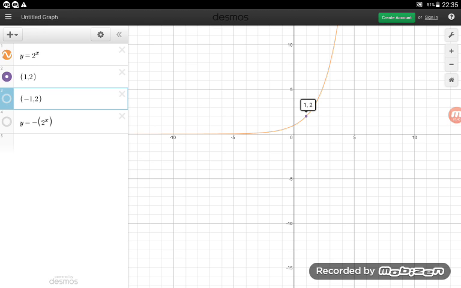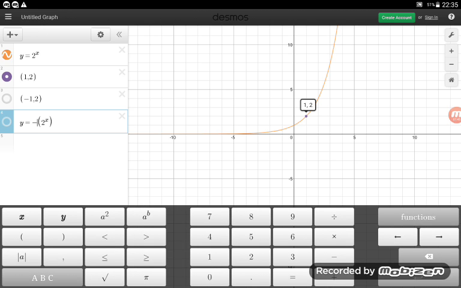And in terms of the equation, what I do is I would have a negative in front of the original equation, and that will turn everything upside down. So if I reflect this across the x-axis, the x value is going to stay the same, but the y value will change. So this point (1, 2) now is going to become (1, -2).